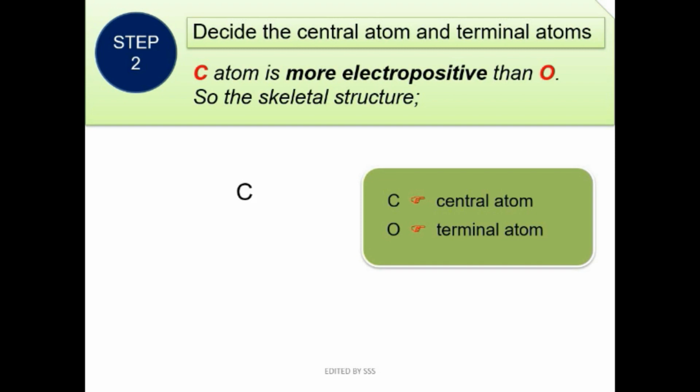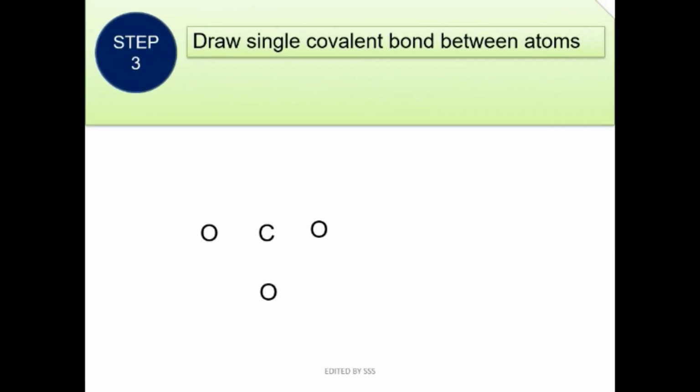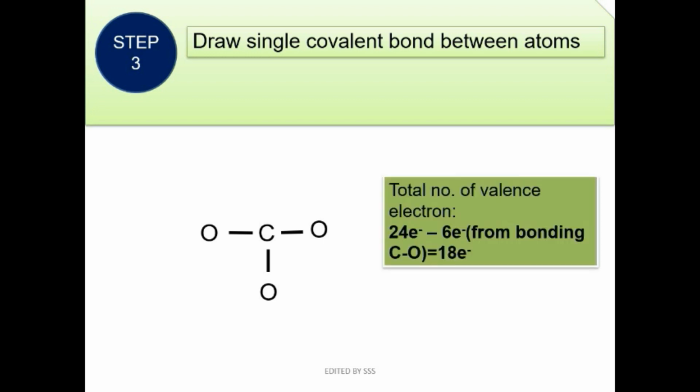Place carbon in the middle while oxygen around it. Step 3. Draw a single bond between carbon and oxygen. In this step, we use 6 electrons in drawing 3 single covalent bonds. Therefore, 18 electrons remain.